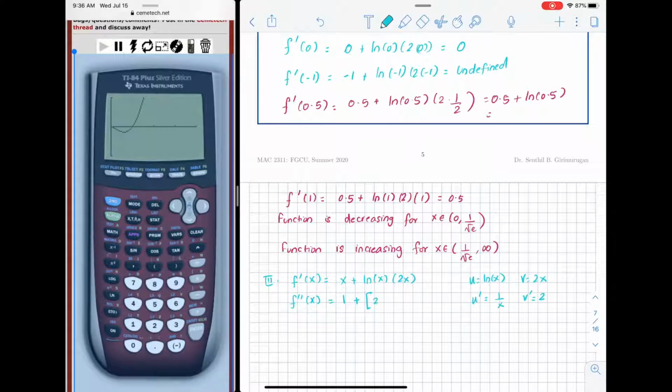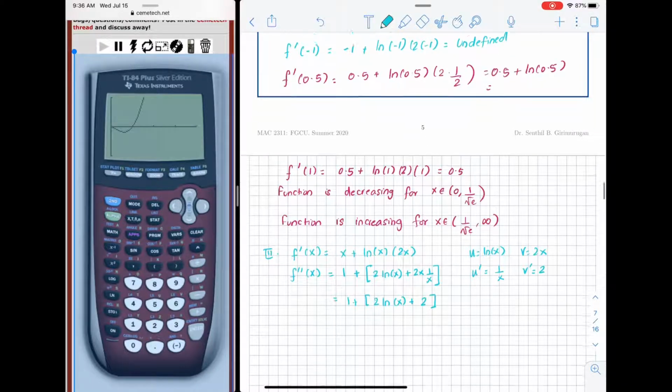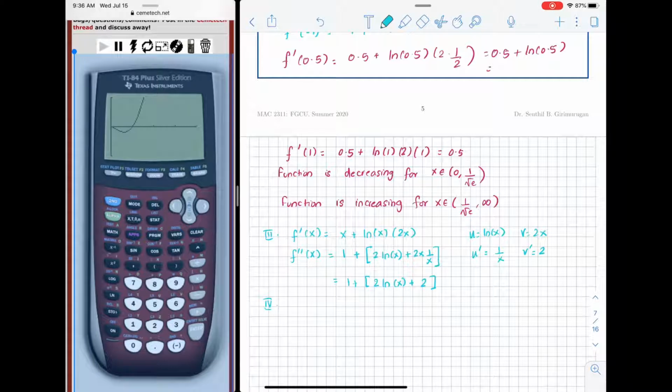So u v prime plus v u prime, and that would equal 1 plus 2 ln of x plus 2. Now we set f double prime of x equal to 0 and solve for x, and that is going to give us the point of inflection.